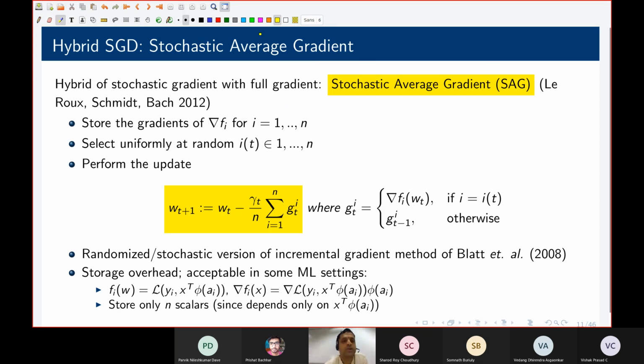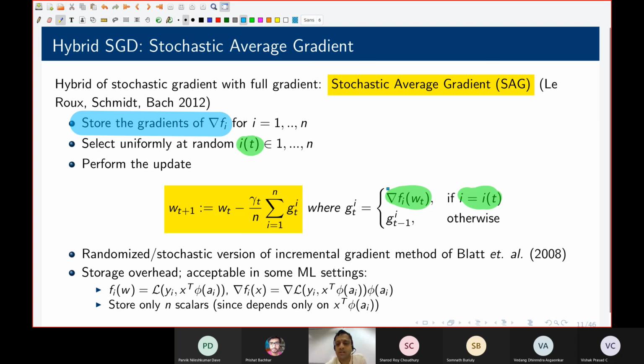Only for this uniformly random choice i_t, what do you do? If i equals i_t, you compute the new gradient. For all the others, you have the stored gradients.